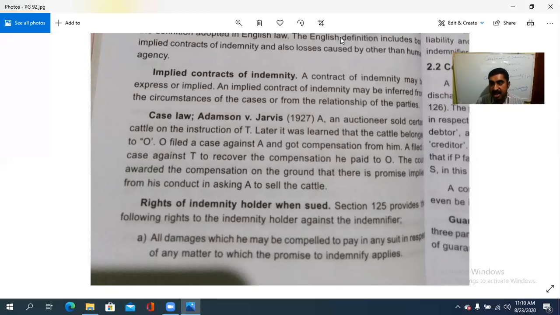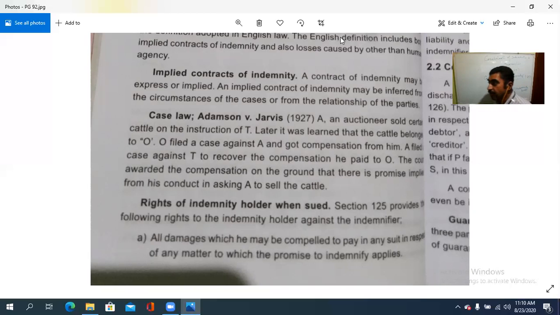A was forced to pay compensation to O, because actually the cattle belonged to O. Simple. So A filed a case against T to recover the compensation he paid to O, and the court awarded the compensation on the ground that there is some implied promise between the parties from his conduct in asking A to sell the cattle.